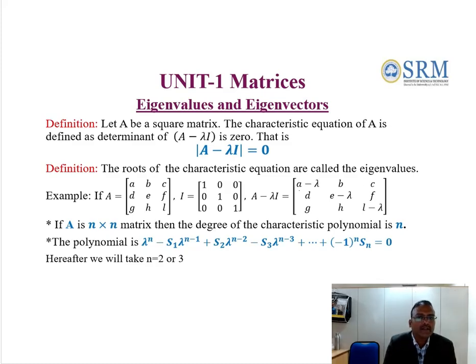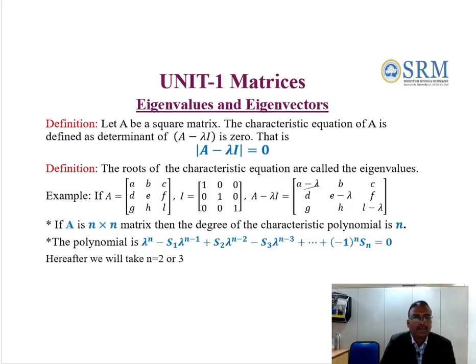This is A minus lambda, B, C, and then D, E minus lambda, F, G, H, and I minus lambda, right? So we have to find the determinant of A minus lambda I equal to 0. That gives the characteristic polynomial, and the roots of the characteristic polynomial are nothing but the eigenvalues.